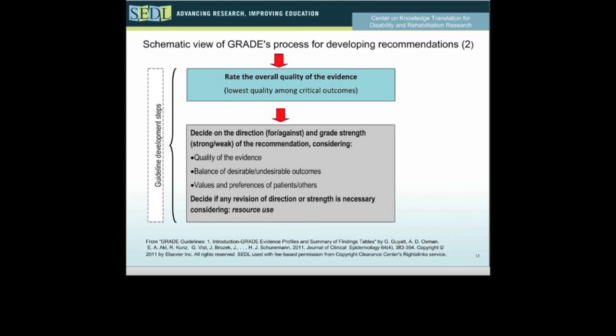You grade the strength of your recommendation, which in GRADE is either strong or weak. And you do that taking into account the quality of the evidence, the balance of the desirable and undesirable outcomes, and the values and preferences of the patients, and if necessary, the values and preferences of others involved.